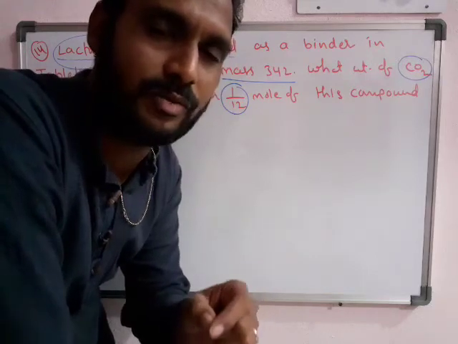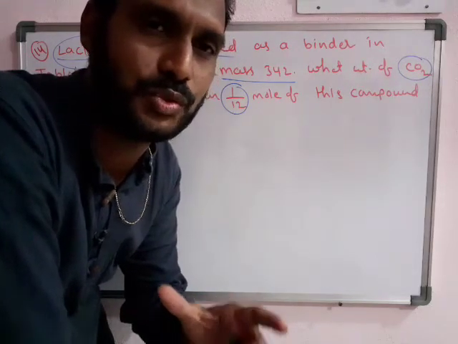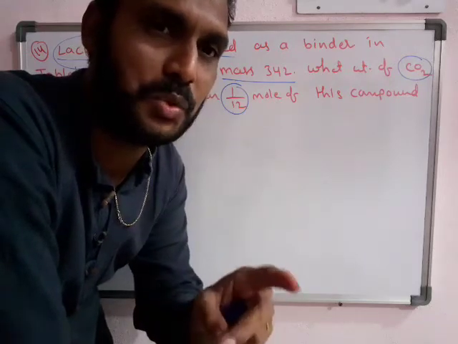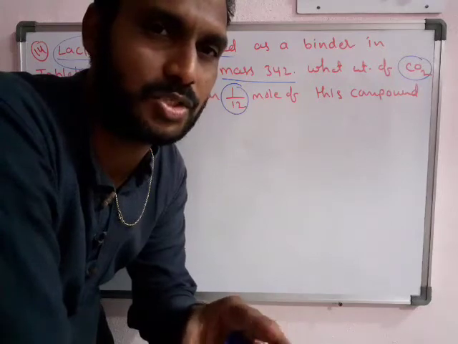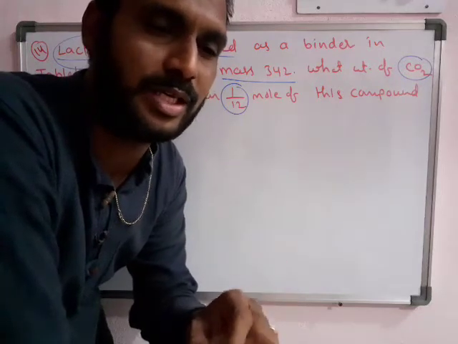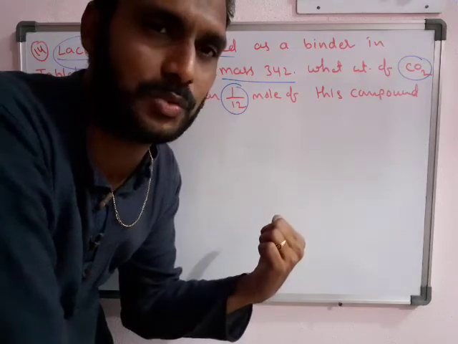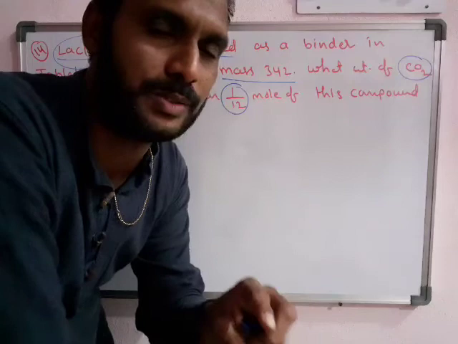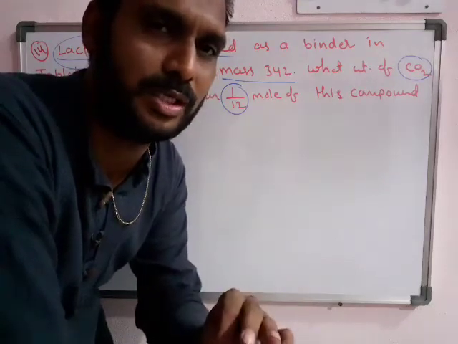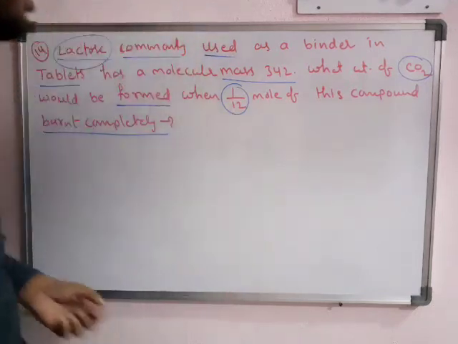In the same way, the formula of lactose is also C12H22O11, just like glucose and fructose have the same molecular formula C6H12O6. Maltose, lactose and sucrose, the three have the same molecular formula C12H22O11.